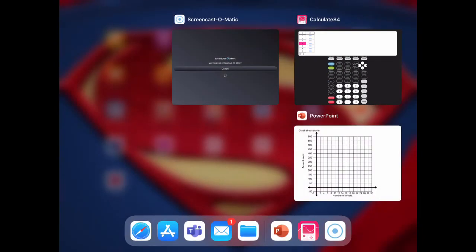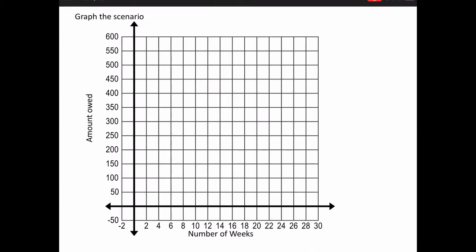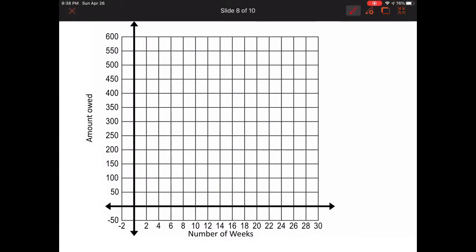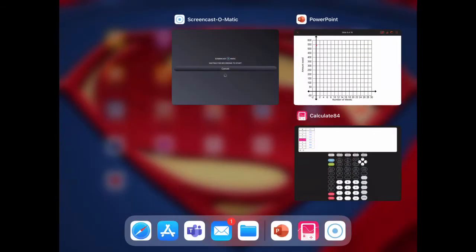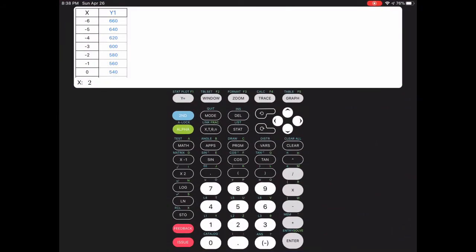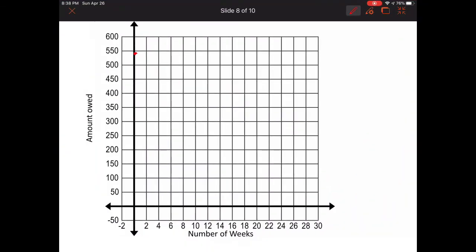So if we go back to the graph and we plot these points, we've got 0, 540, which is about right there. Now, I'll be honest, I don't remember all the numbers. What did I say here? 10, 340 sounds like a good one to plot. 10 and then 340 is about right there, and so on and so forth.